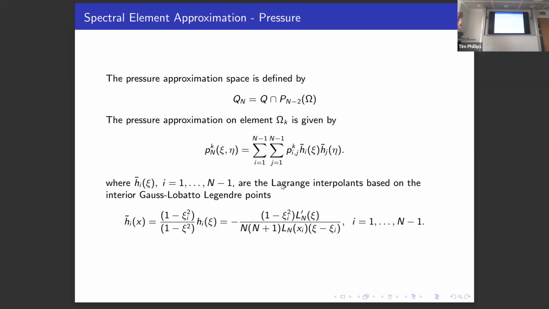Again, if you don't choose them to be compatible, you also end up with spurious pressure modes. And spurious modes within a spectral approximation are more difficult to handle than within a finite difference approximation. These can give rise to wildly fluctuating approximations. So it's important to choose the discrete spaces appropriately.